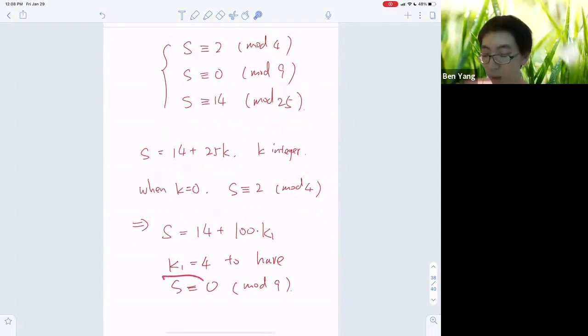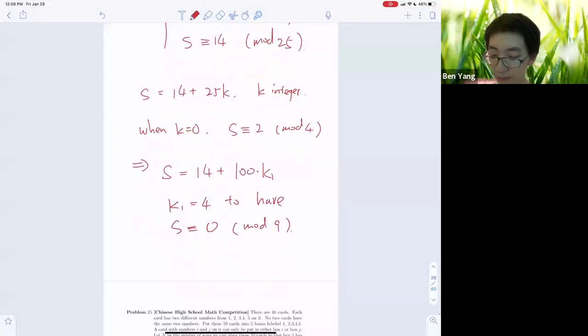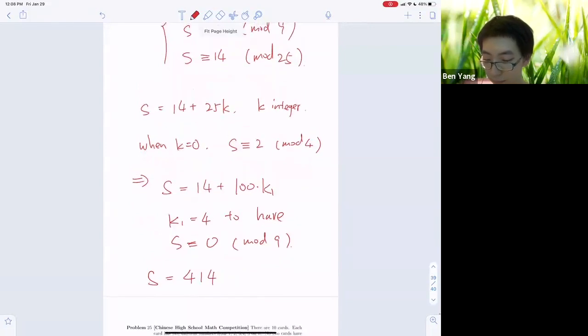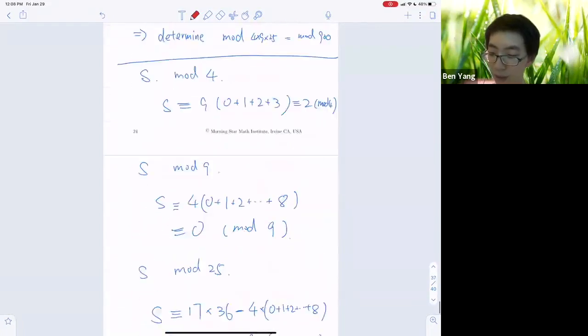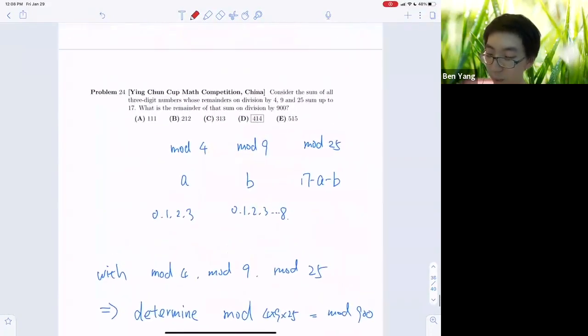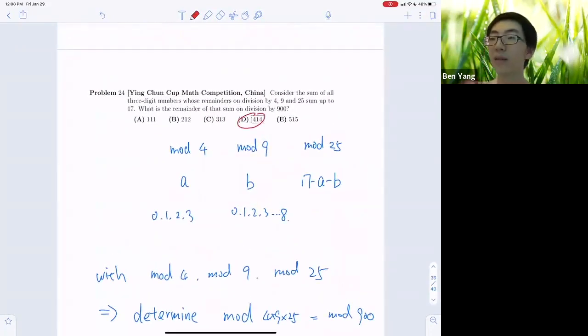All right, if K1 is equal to 4, then of course this S is equal to 414 mod 900. Okay, so the answer here is 414, so that's D.